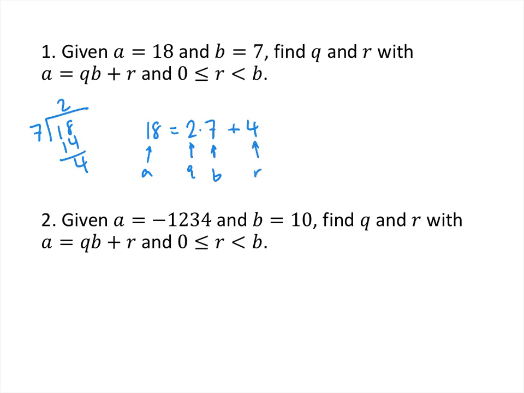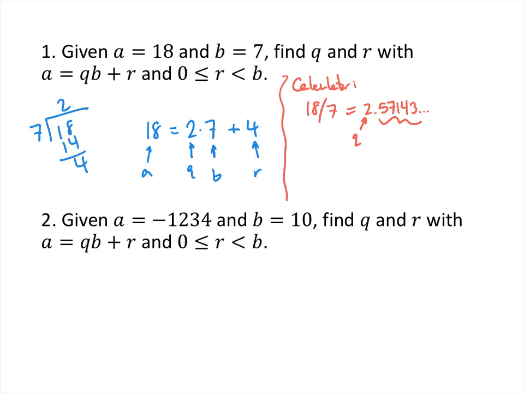Now, alternatively, another option that you have, especially when the numbers get big, is to use a calculator. So the calculator would tell us that 18 divided by 7 is about 2.57143, and so on. So what we can see is that the number in front of the decimal point, that's my quotient, that's still my q. And then the number after the decimal point is telling me that I've got some remainder, but it doesn't exactly tell me what that remainder is as an integer.